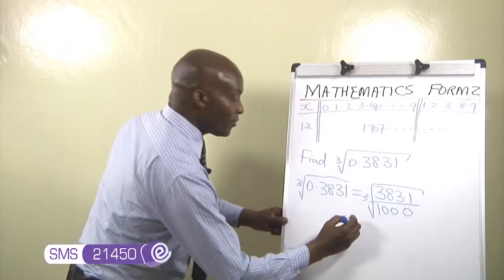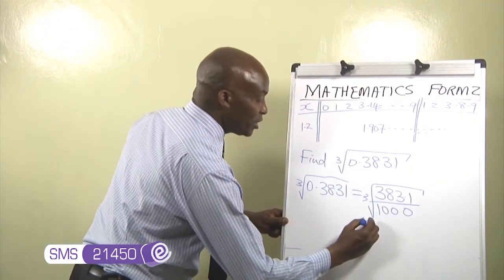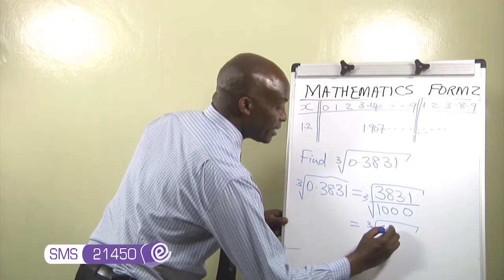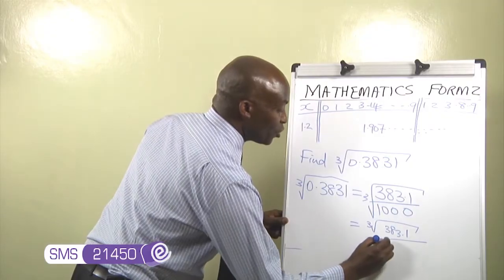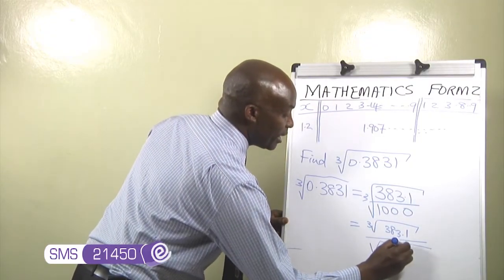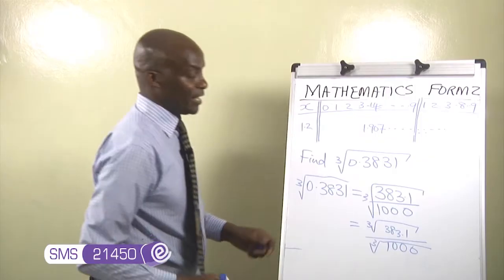And from there, we will simply say this is equal to the cube root of the numerator, 383.1, divided by the cube root of the denominator, that is 1,000.